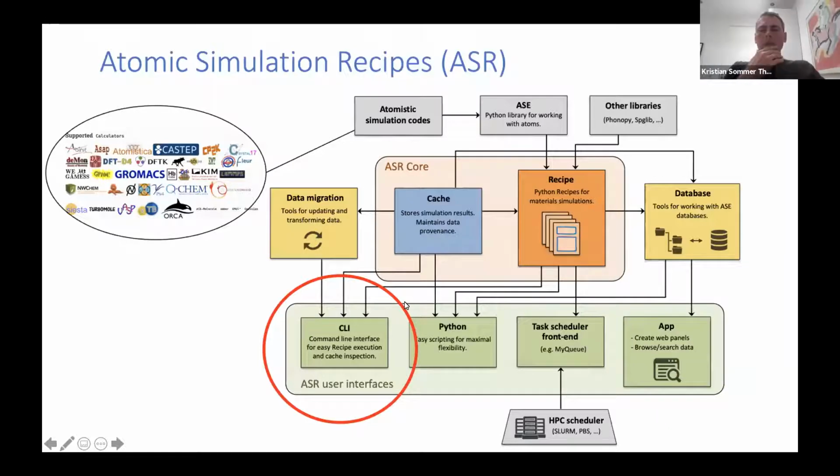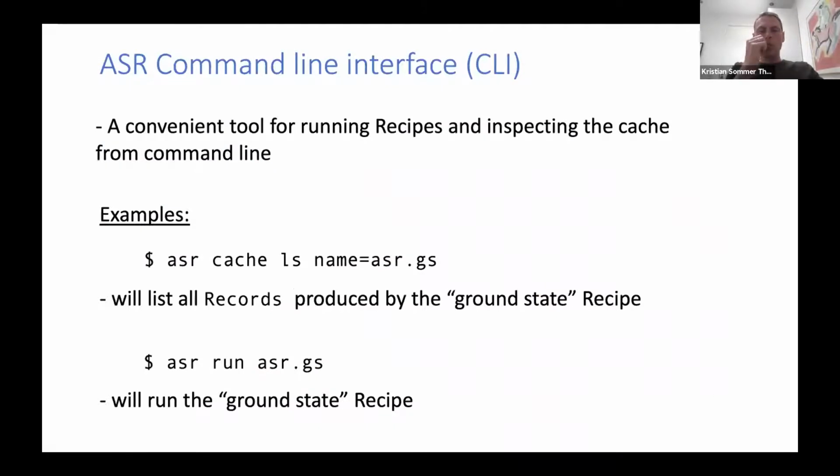Okay, so let me demonstrate just very briefly the command line interface and what you can do with that. This is very convenient if you just want to run a single recipe, or if you want to look into the cache, look at the results that are in the cache. So for example, you can write this line here, asr cache ls name equal asr.gs.